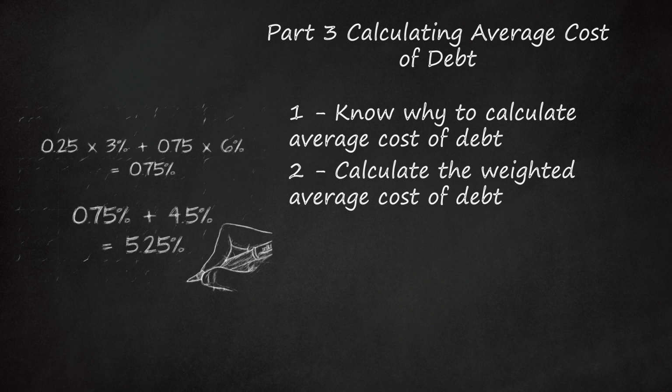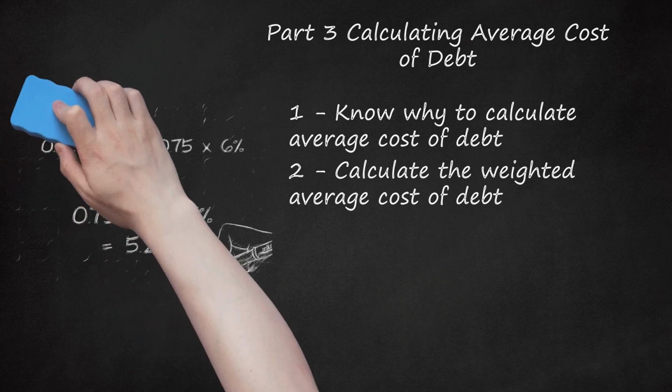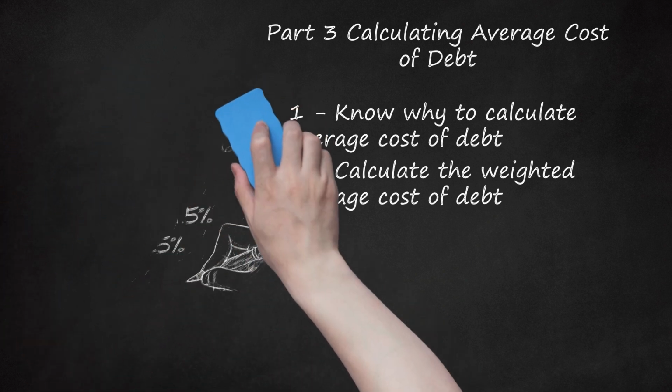Your average cost of debt would be calculated by multiplying the cost of debt for the loan by its share of the total debt, $25,000 / $100,000, or 0.25, and adding this to the cost of debt for the bonds times its share of the total debt, $75,000 / $100,000, or 0.75. So your average cost of debt would be 0.25 x 3% plus 0.75 x 6% equals 0.75% plus 4.5% equals 5.25%.